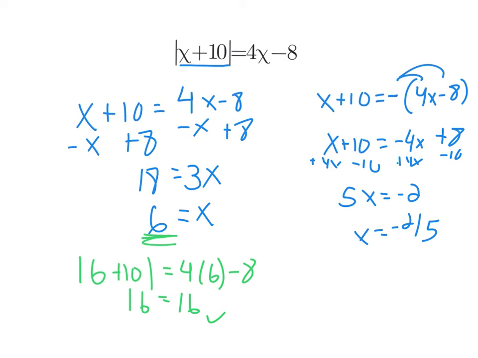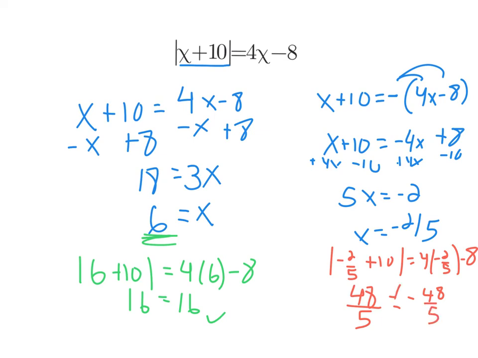If I plug -2 fifths back in, after some simplifying, what we end up getting is 48 fifths equals -48 fifths, which of course is not true. So that is what's called an extraneous solution. So our only answer in this case is 6.